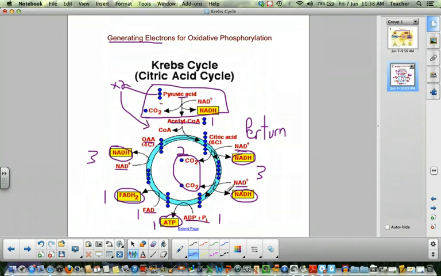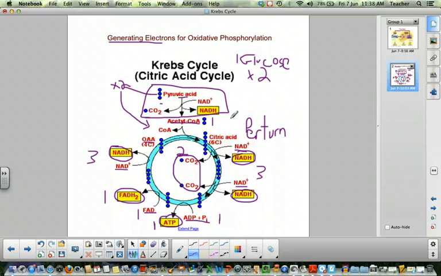Okay, so every one of these numbers that you see here, if we're referring to 1 glucose molecule, the Krebs cycle turns twice. So everything in here doubles. Okay, so for 1 acetyl-CoA, you get 3 NADHs, 1 ATP, 1 FADH2, and 2 CO2s.